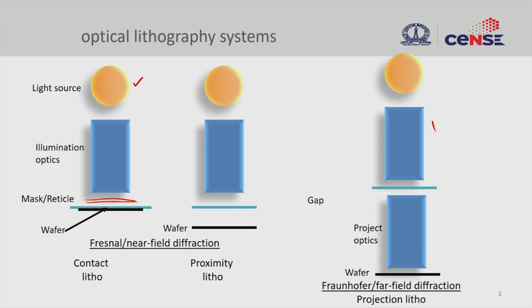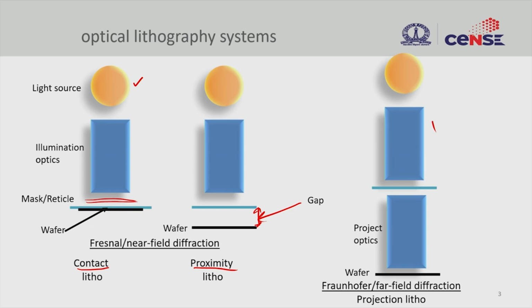So this is what the near field or contact image is all about. But if you just leave a gap, then this becomes a proximity printing or proximity lithography. So when you have both mask and wafer in contact, it is called contact lithography. When your wafer and your mask are separated by a gap, then it is called proximity printing or proximity lithography.